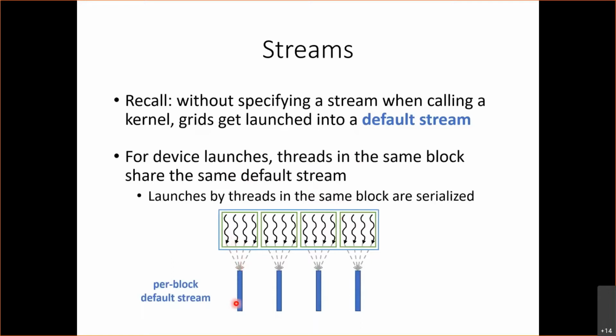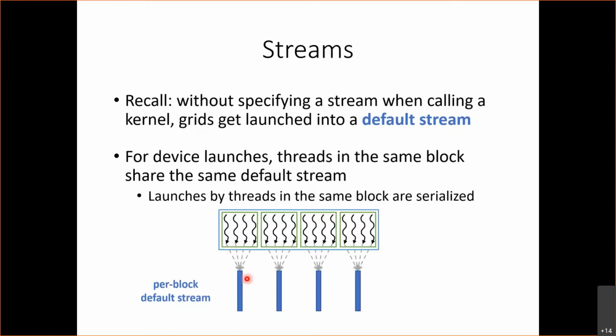These grids will be serialized with respect to each other, even if there is room on the GPU to launch them, because they're in the same stream. And the way streams work is that you need to finish what's in the stream before you can move on to what's next. Okay?